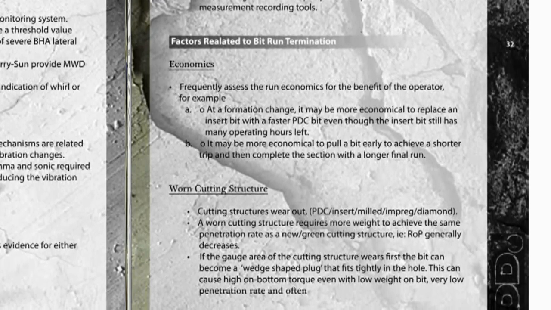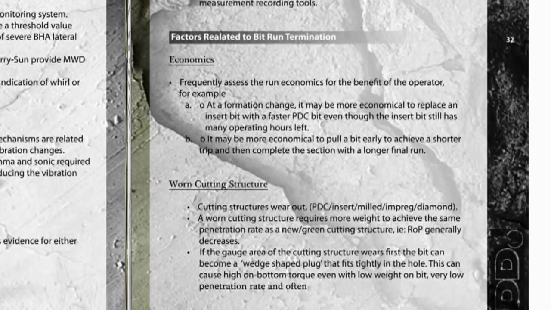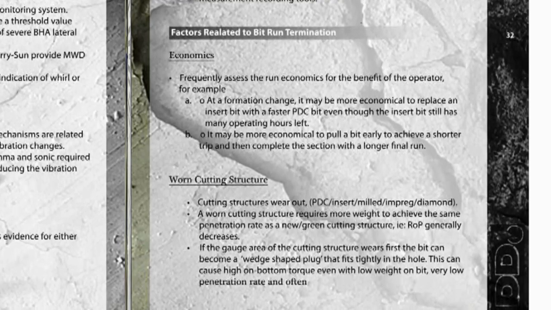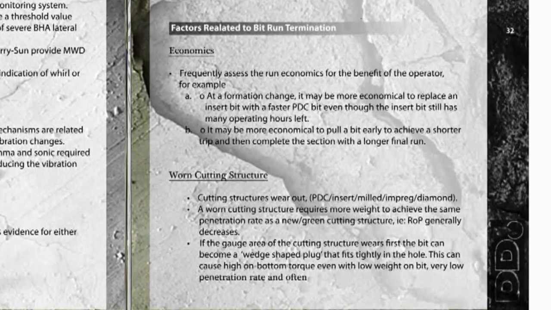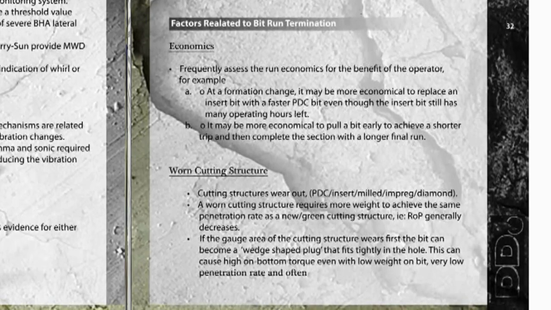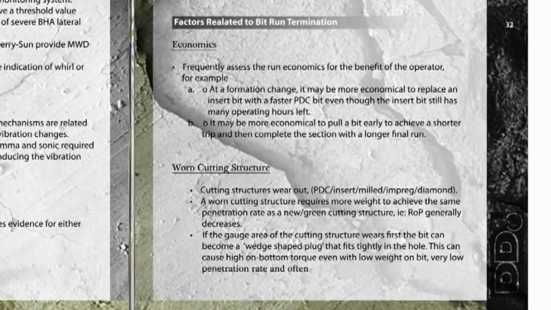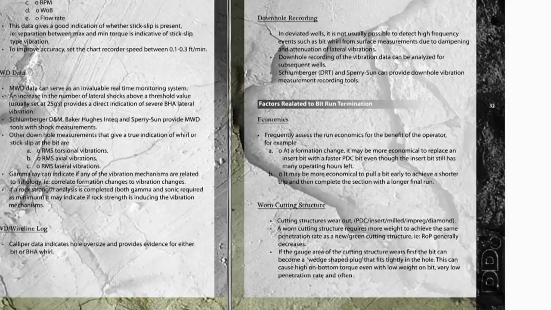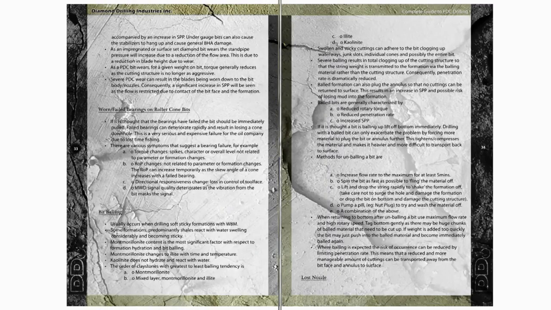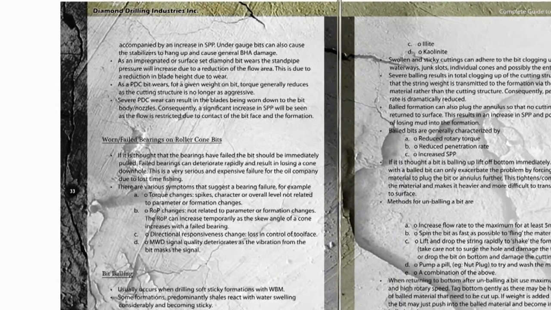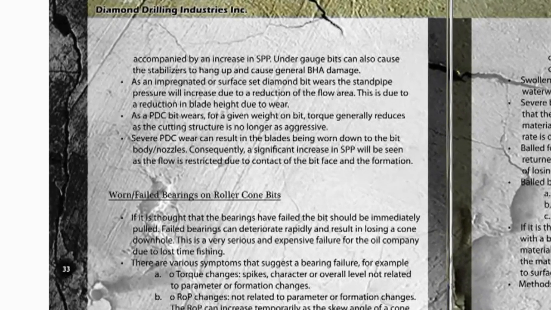If the gauge area of the cutting structure wears first, the bit can become a wedge-shaped plug that fits tightly in the hole. This can cause high on-bottom torque, even with low weight on bit, very low penetration rate, and often accompanied by an increase in SPP. Undergauge bits can also cause the stabilizers to hang up and cause general BHA damage.